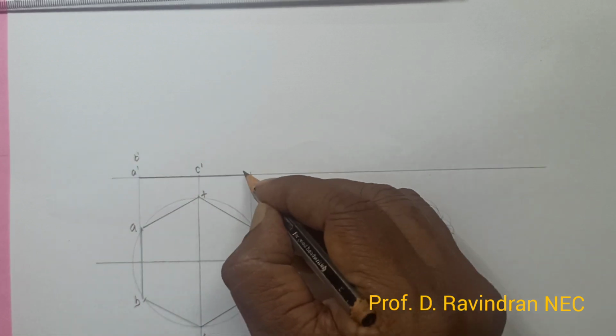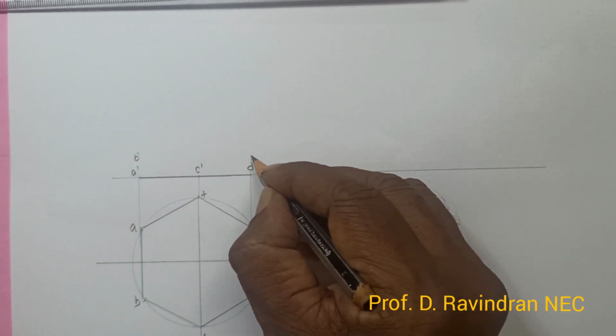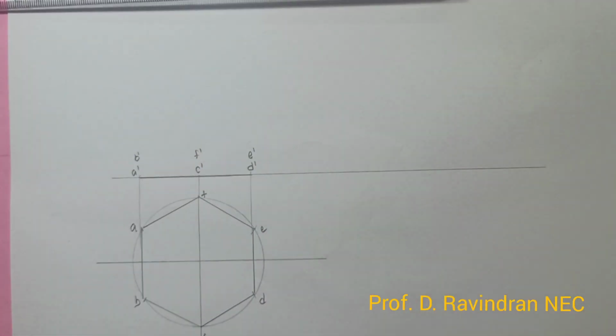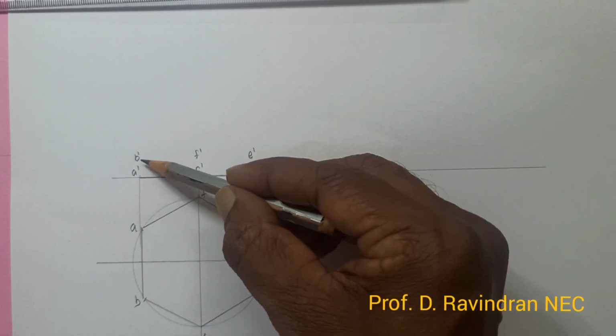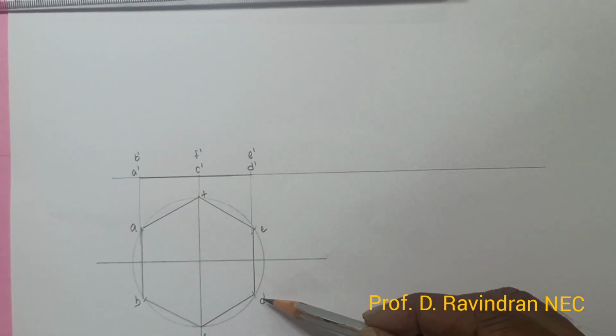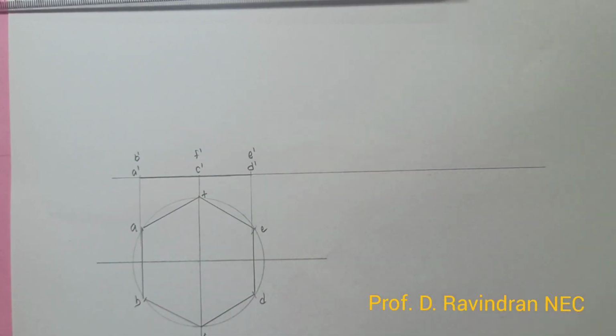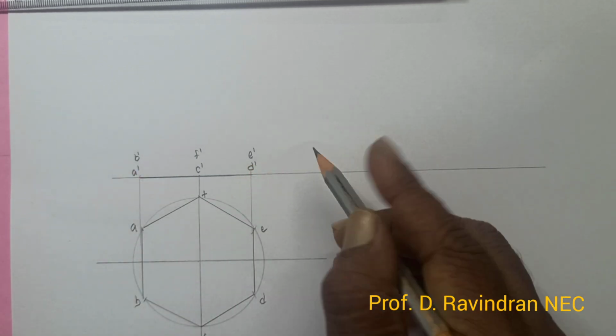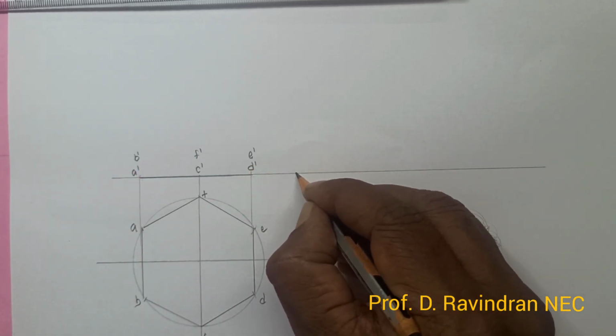This is C dash, and it is D dash, and it is E dash, and this is F dash. Now A dash and B dash will be coinciding, C dash and F dash will be coinciding, D dash and E dash will be coinciding. Now we want to incline this front view with respect to the XY line at 45 degrees.